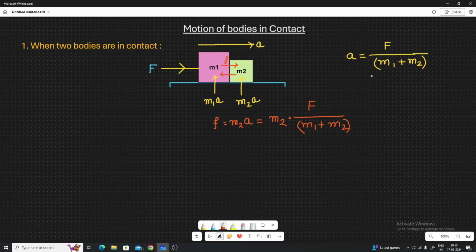We have already found it. This is the acceleration, this is the force acting between the two bodies, and this is the common acceleration.